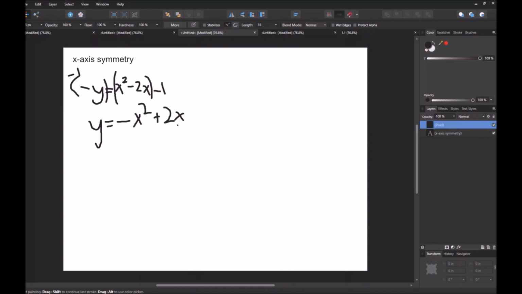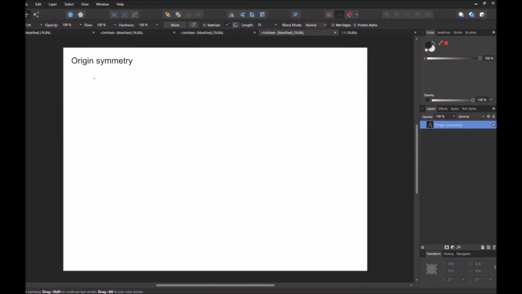And this is not the same as the original equation either, so we can say that this does not have x-axis symmetry. So then we move on to the origin symmetry, and to prove that something has origin symmetry, we need to plug in negative x wherever we see x and negative y wherever we see y and evaluate the equation. And if it's the same as the original equation, then we've proven it has origin symmetry.